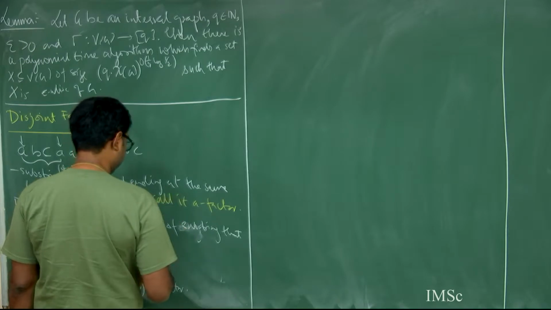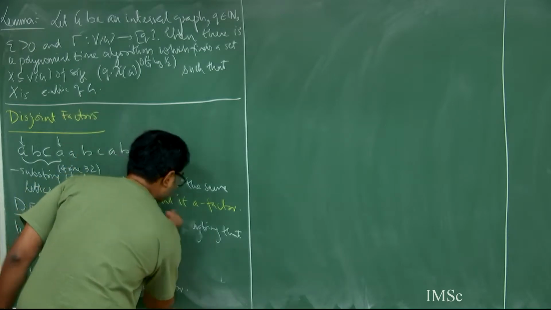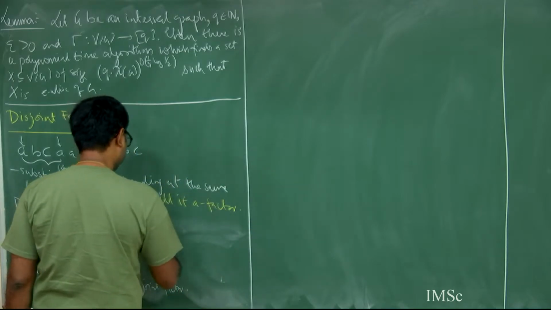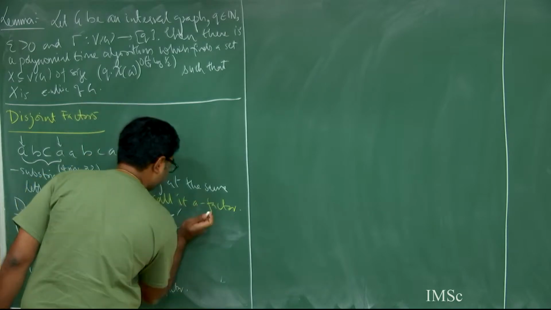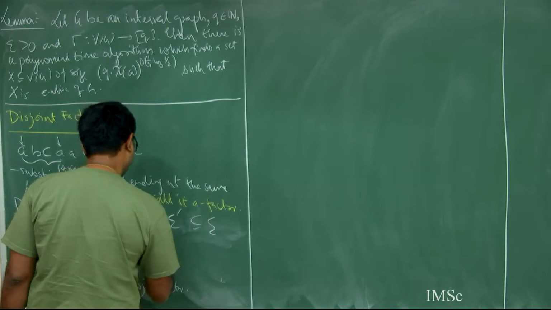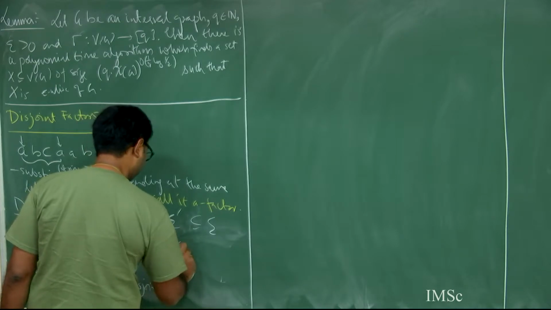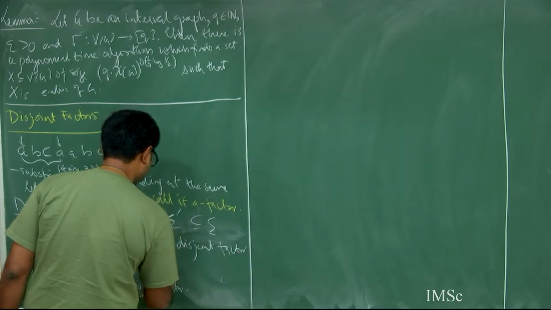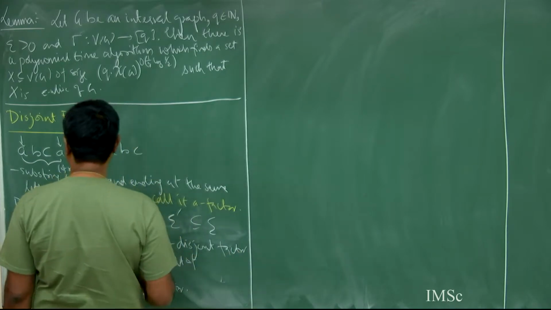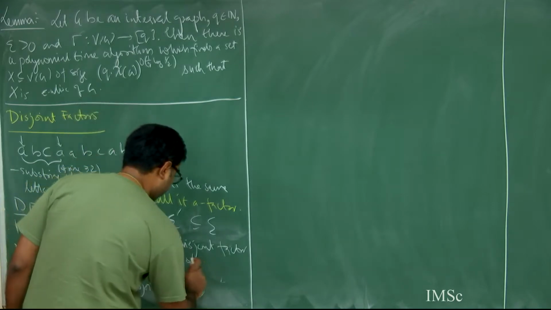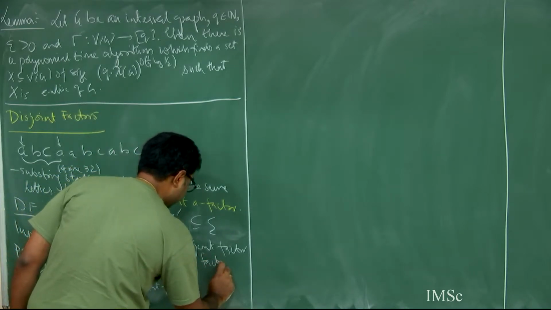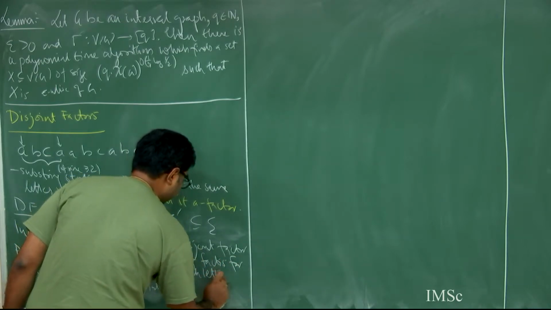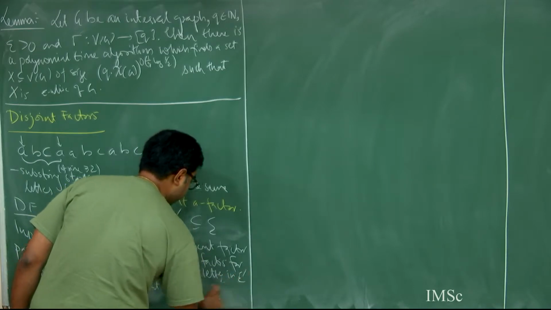Let sigma prime be a subset of sigma. Then a sigma prime disjoint factor is a set of factors, one for each letter delta in sigma prime, and they are pairwise disjoint.